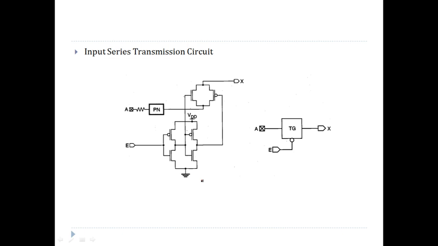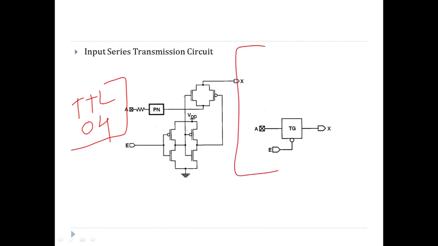Here you can see whatever voltage appears at the input. So suppose there is a TTL circuit connected over here, and let's say its VOH is 4 volt, right? And there is a MOSFET circuit for which VIH is, let's say, 4.2 volt.